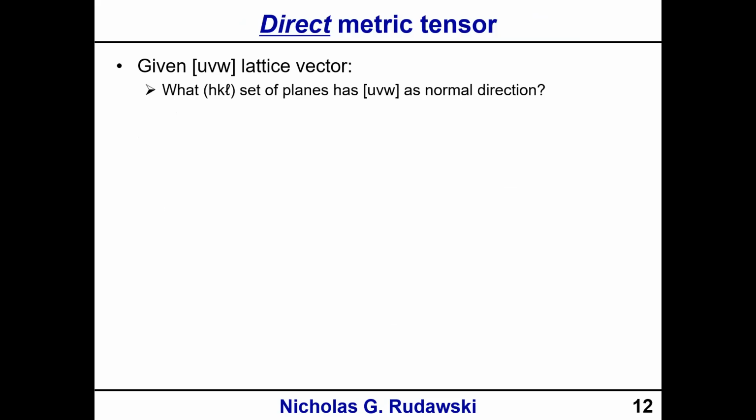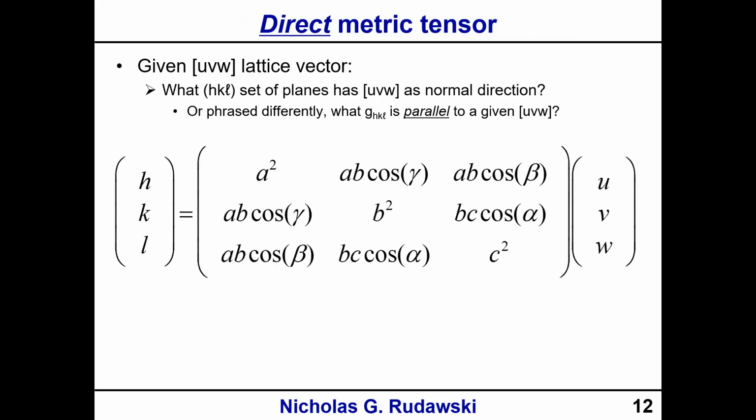We want to answer the question, what HKL set of planes has a UVW lattice vector as a normal direction? Or phrased differently, what G vector is parallel to a given UVW lattice vector? So this is the equation. The 3x3 matrix in the middle is your metric tensor.